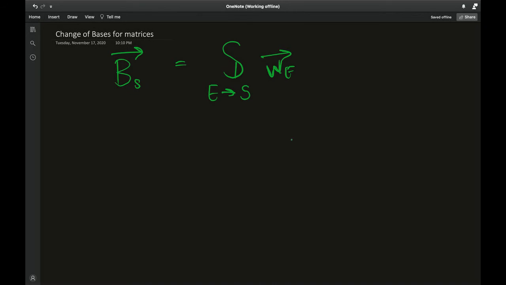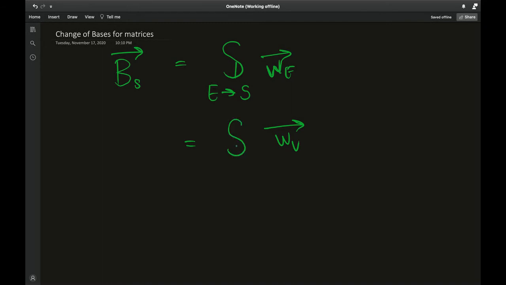Now instead of W expressed in the standard basis, let's take W expressed in basis V and try to replicate the process.